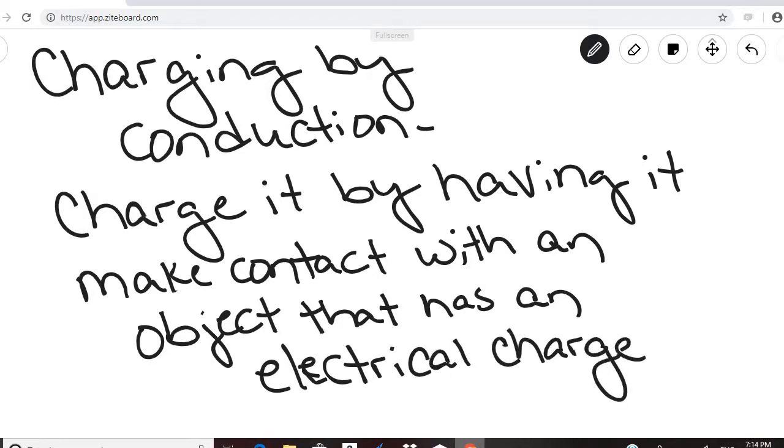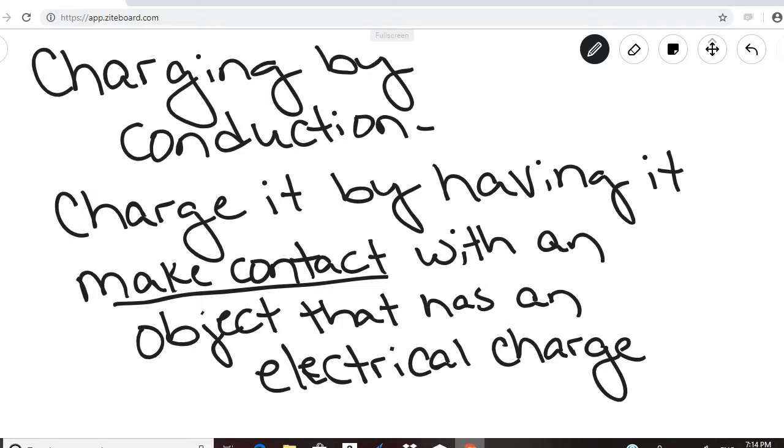So the key here is that it makes contact. So you are charging something by touching an object to it that has an electrical charge, and then you're allowing the charges to flow between the object that is charged and the object that is being charged.